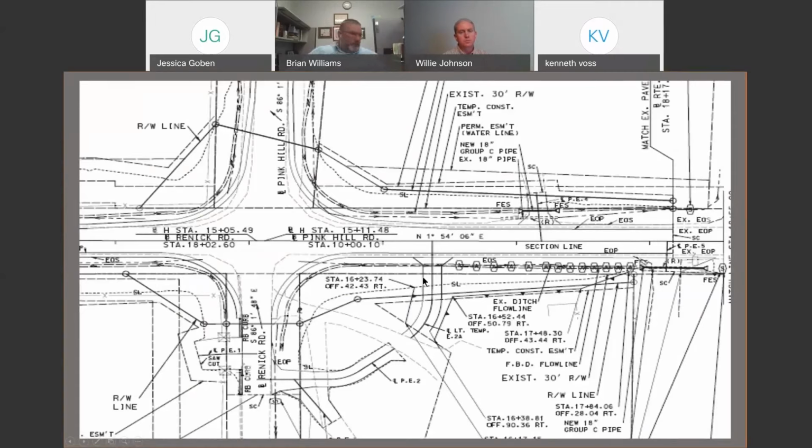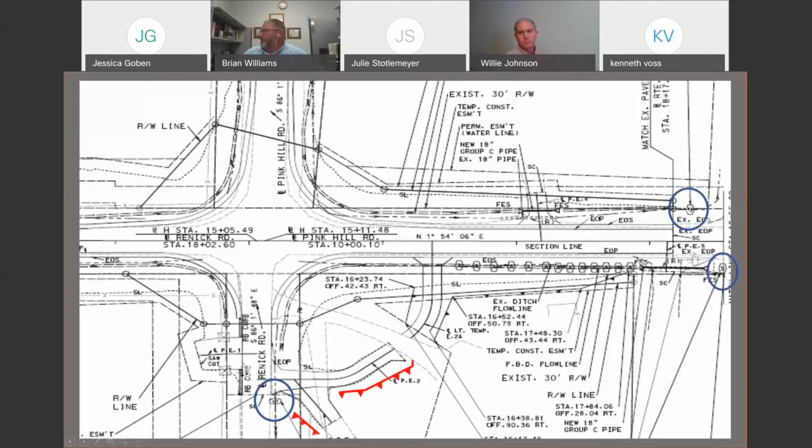As you're looking at this phase, we ought to really be showing our sediment traps here and here, which we've got those shown. But if we're really doing work on this side over here, we ought to have our perimeter controls shown in those areas, right?